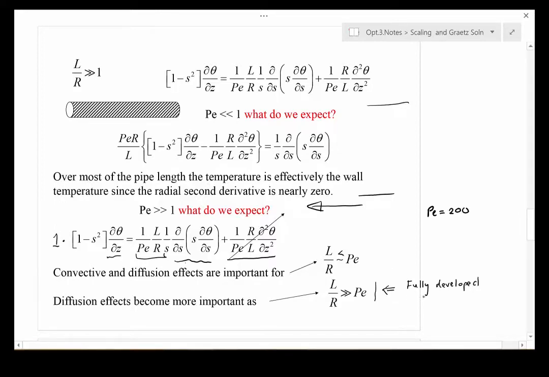So this is again hinting at a fully developed thermal profile. Okay, so at least we have some intuition about what the issues are in these types of problems, and the next steps really would be to understand how to solve problems of this type.